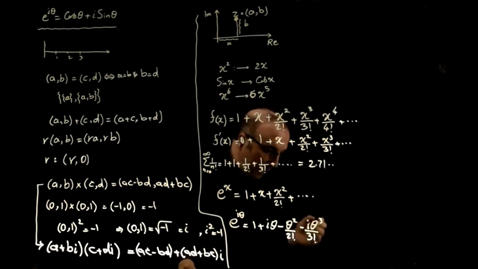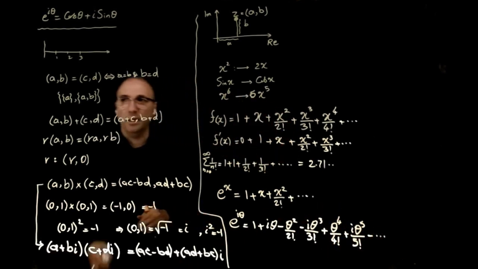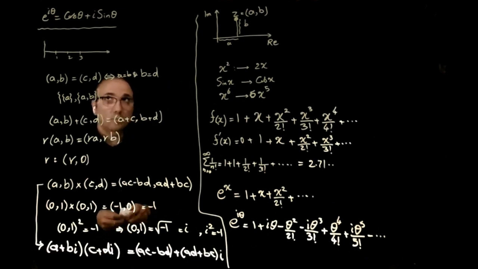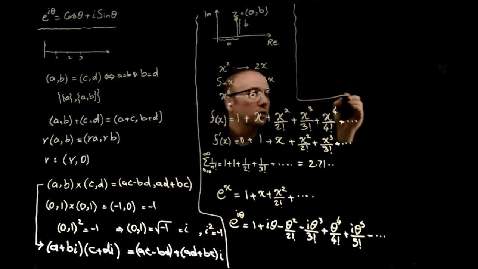Then I multiply by another i, so this time it becomes negative again, so it is positive theta to the power of 4 over 4 factorial, plus i theta to the power of 5 over 5 factorial, then again minus, and so on. We keep going, all right? So now, let's use this part.